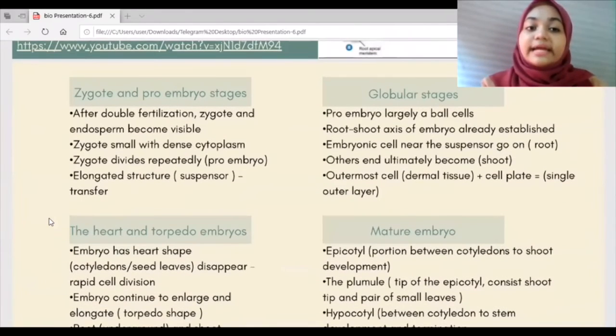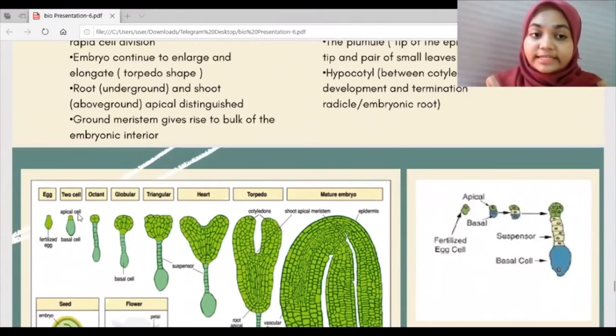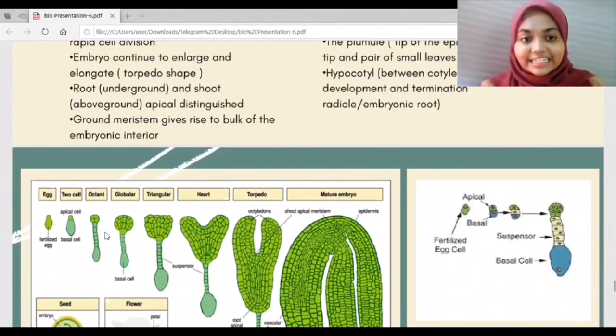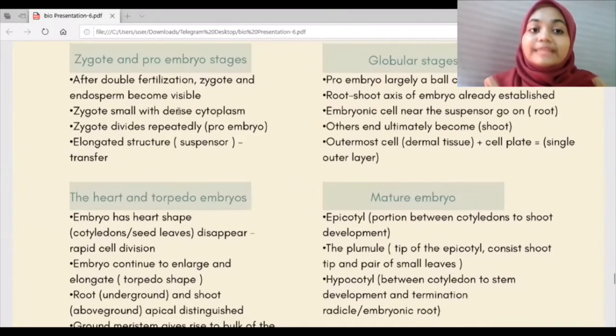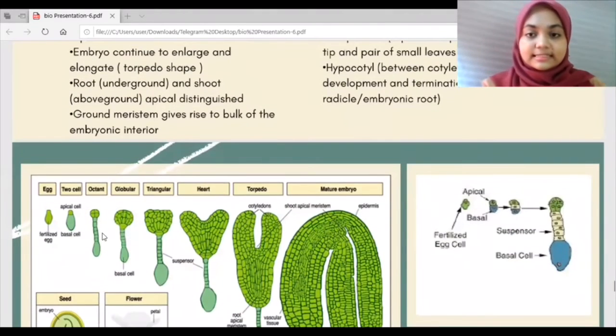Next, the zygote divides repeatedly, and it will become the proembryo. This is the zygote, and it divides repeatedly. See this? And the elongated structure, we call it the suspensor. We see the zygote has the apical and basal cell, and in the middle of it there is the elongated structure, which we call the suspensor.